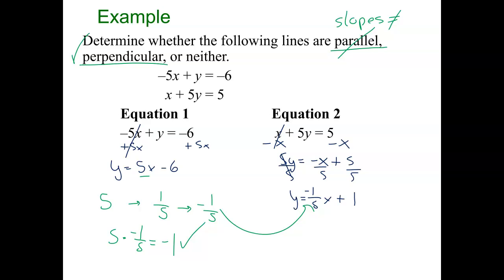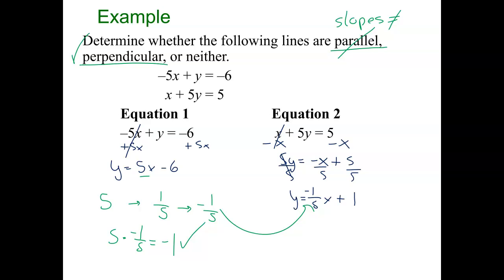But if you got a negative answer, if equation 1 had a negative slope, they would not be perpendicular. Okay? So one has to be positive and one has to be negative, and they have to be reciprocals. No, not equation 1. I meant to say equation 2. My fault. So equation 2 has a negative slope. If it wasn't negative, they wouldn't be perpendicular. Okay? And then parallel has to be the same slope.